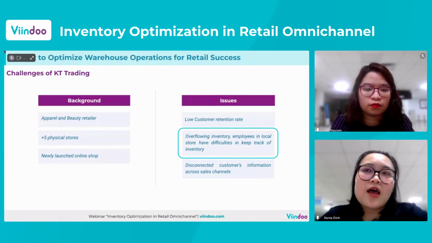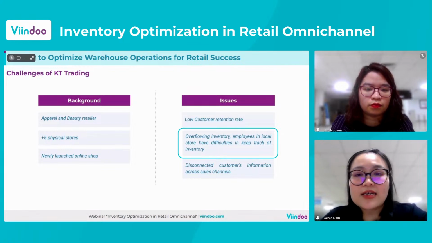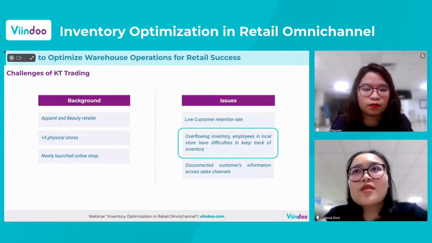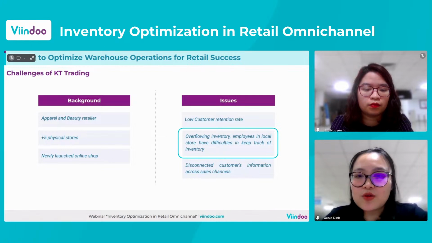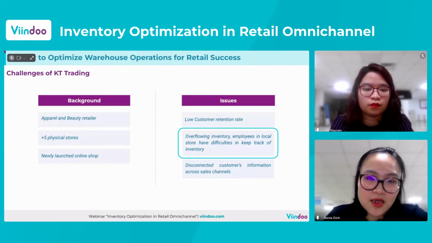And for today's topic, we will be focusing on the second issue, which is the overflowing inventory. Together with them, we would have strategies to improve the inventory management overall.